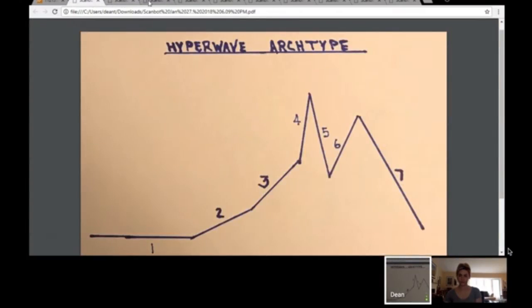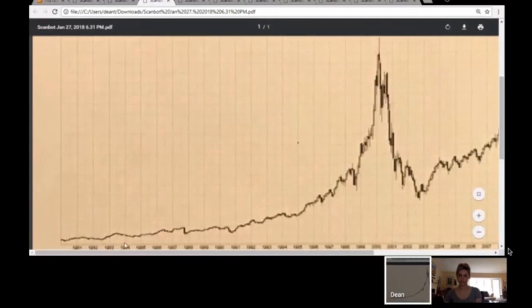And you will notice all of these phases that I talked about: phase 1, phase 2, phase 3, phase 4, phase 5, phase 6, and phase 7.